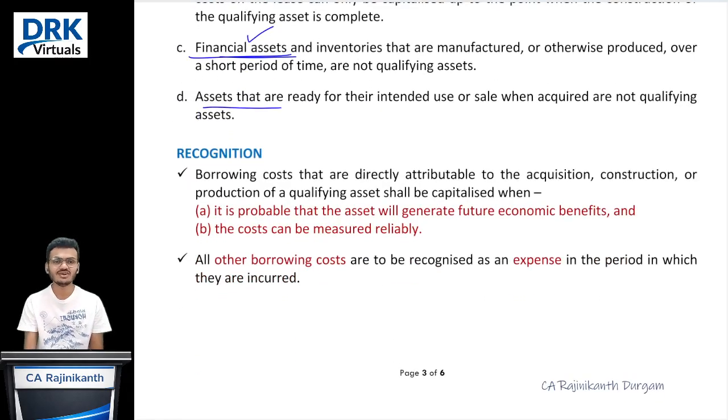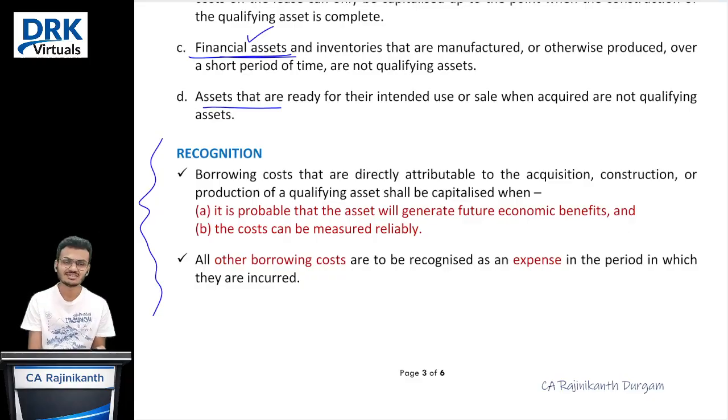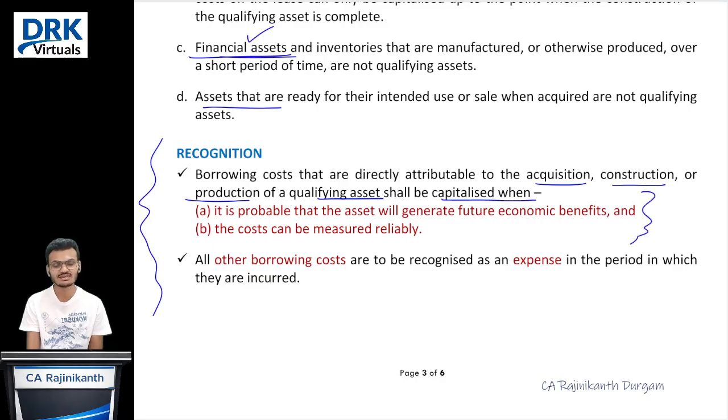And till now, what we have discussed: scope of the standard, core principles, and qualifying asset and borrowing cost, right? Now you see this recognition criteria. It is similar to Ind AS 16 and 38, correct? See this? Borrowing costs that are directly attributable to acquisition, construction, production of qualifying assets shall be capitalized only when these two conditions are satisfied.